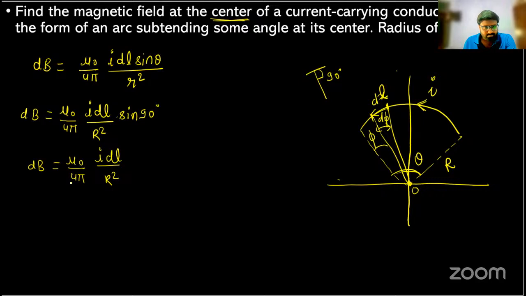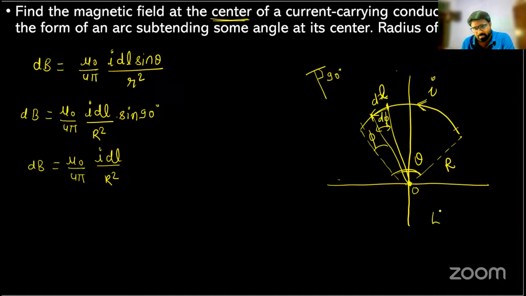Okay. Now if you integrate it, we need to integrate this dl. What is this dl? It will keep changing. dl varies from here to here. And what is the length of this arc? Suppose the length of this arc is capital L. So capital L we can represent in terms of theta.